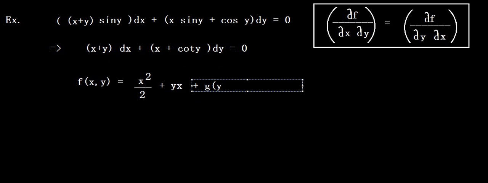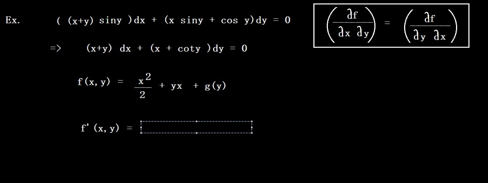Now I need to differentiate this function f(x, y) with respect to y. It will give you f dash (x, y), and here no y is present in this term, so it will be 0, and here it is y, so the constant term is x, so x will be taken out, and g(y) will be written as g dash y.